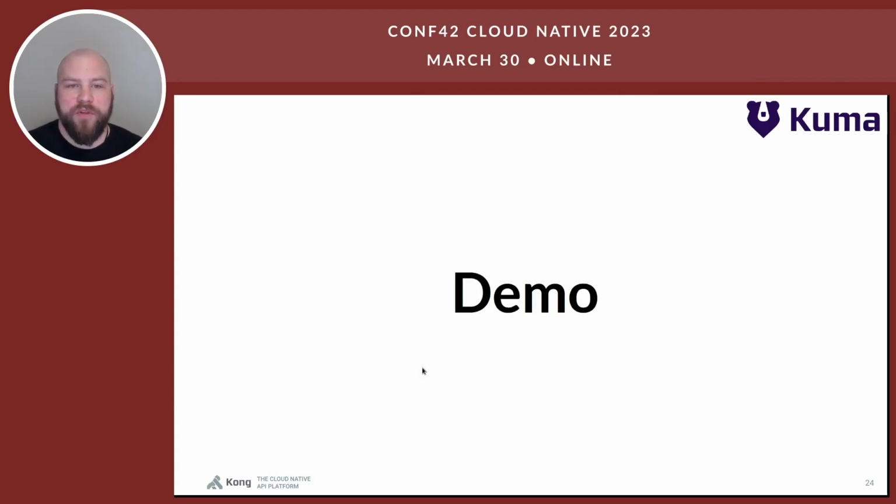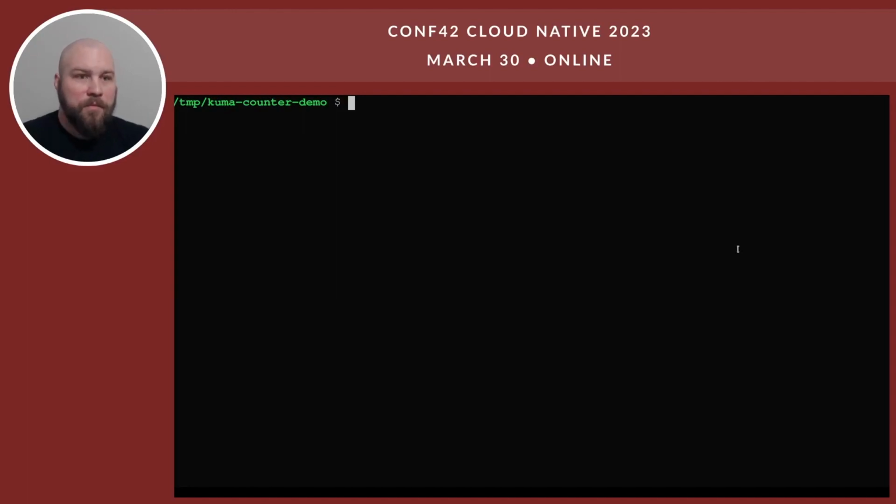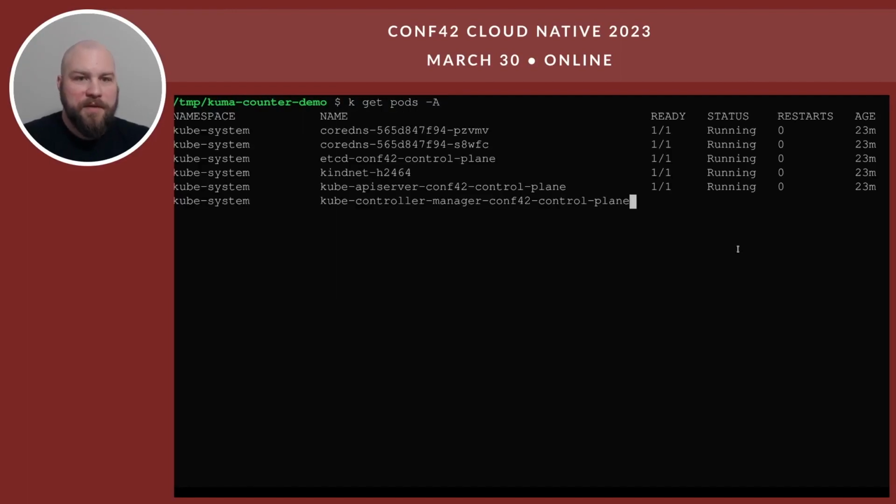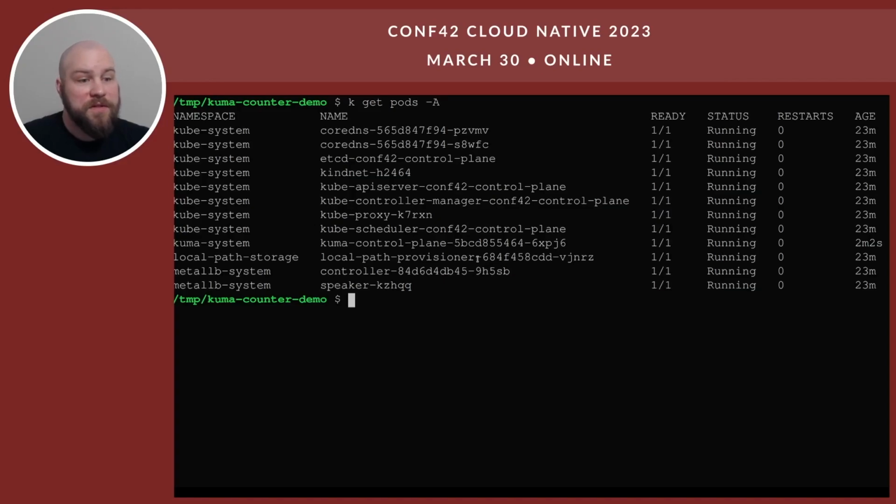Let's do a brief demo of this and show it in action. For this demo, we have a basic Kubernetes cluster. Actually, this is a kind cluster, Kubernetes in Docker, running the Kuma control plane. We're using the Kuma counter demo, which is a repository online you can grab after this if you'd like. In it, there's a demo.yaml, which we'll apply.